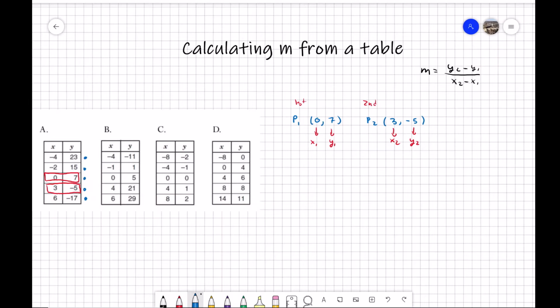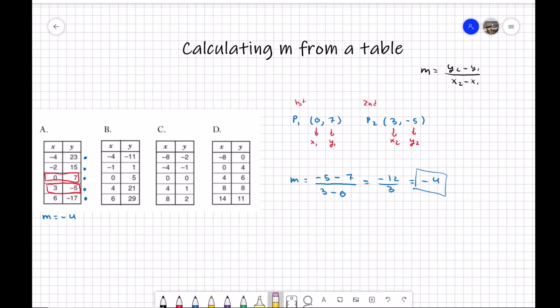So y2, which is negative 5, minus y1, which is 7, divided by x2, which is 3, minus x1, which is 0. We end up with negative 12 divided by 3, which is the same as negative 4. So the slope of A is equal to negative 4.